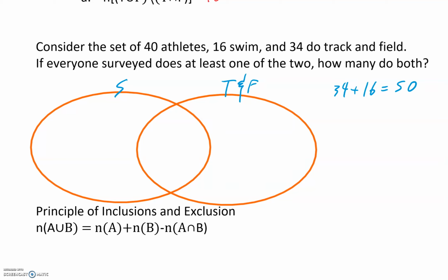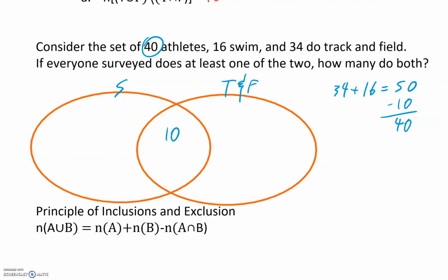And we know that there should be 40 athletes, but we currently have 50, so we obviously can't just have those numbers. If we add some in the intersection, every one that we add only counts as 1 instead of counting twice. So if we put 10 in the intersection, minus 10, that would give us 40.